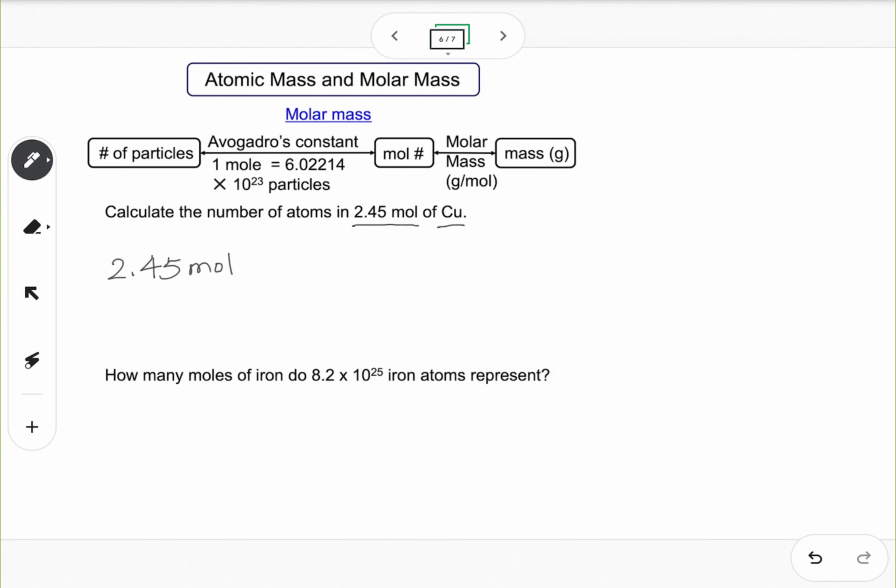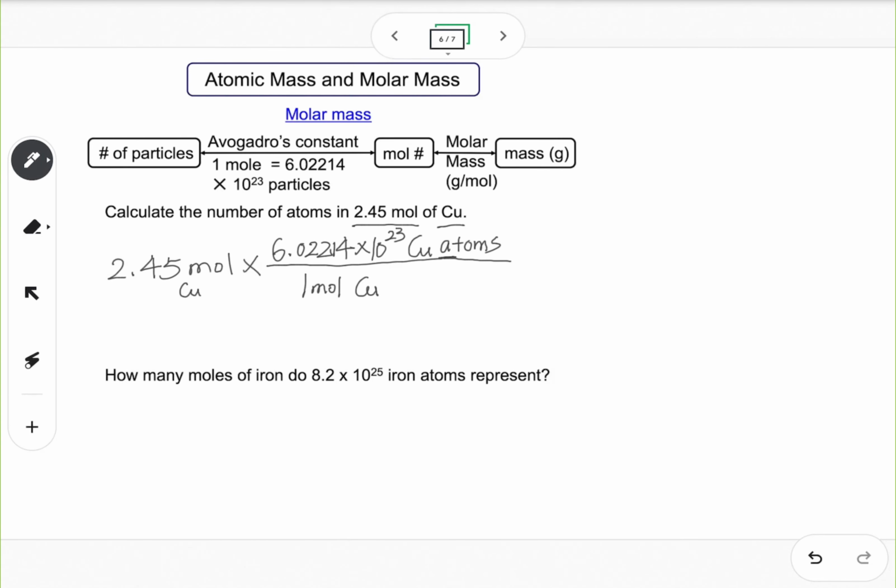We want to get rid of mole and convert that to the number of particles, so we use Avogadro's constant, or this part, as the unit conversion factor. 2.45 mole of copper, and 1 mole of copper will have 6.02214 times 10 to the 23rd copper atoms.